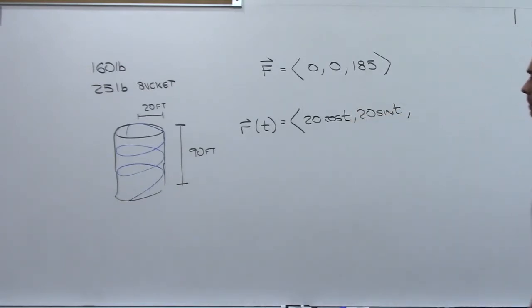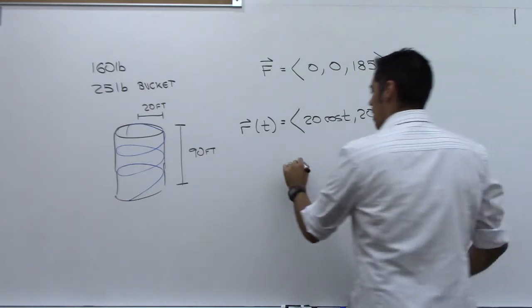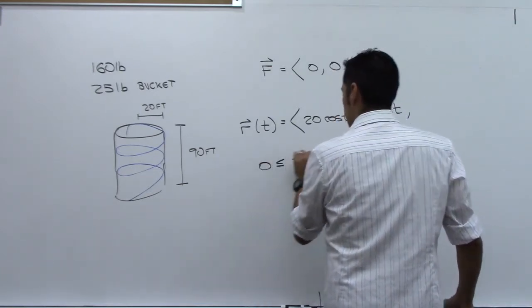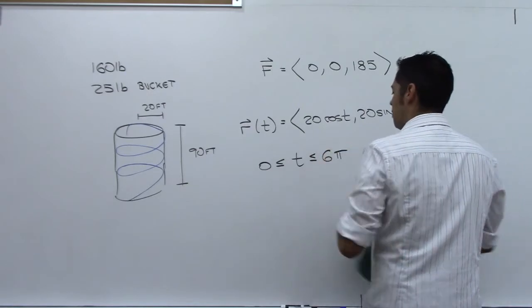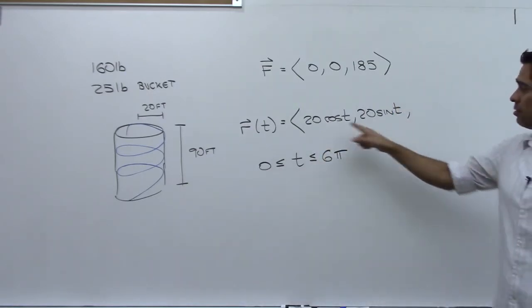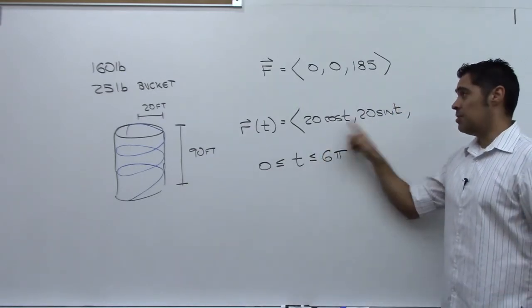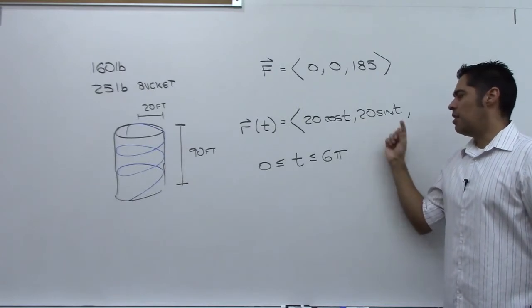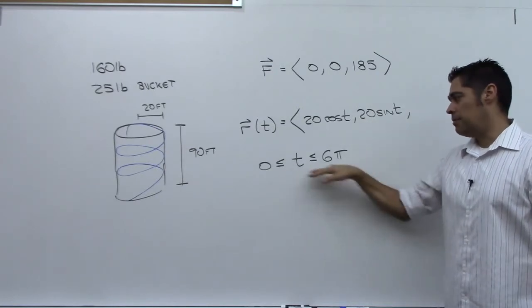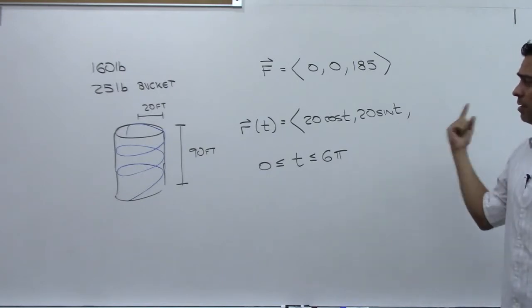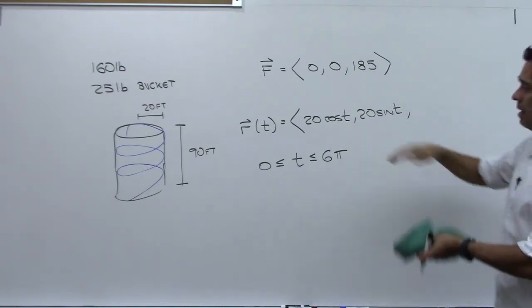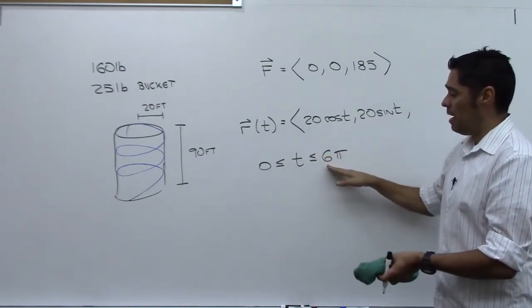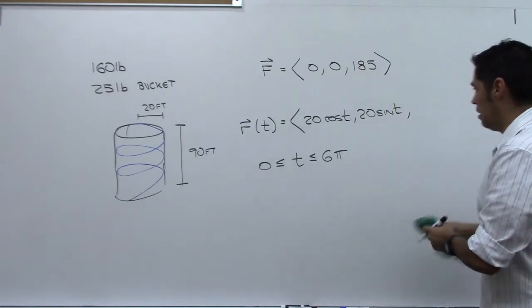T right now has to be between 0 and 6 pi, because I want to do 3 full revolutions. So this will draw me a circle when t is between 0 and 2 pi. So I need to go around 3 times, so I need to go from 0 to 6 pi. So that draws me 3 revolutions, and in that time, when t varies from 0 to 6 pi, I need to only go up 90 feet.